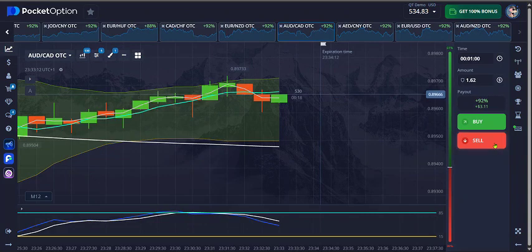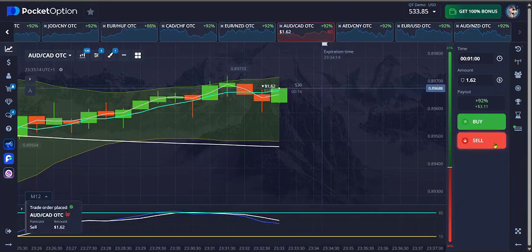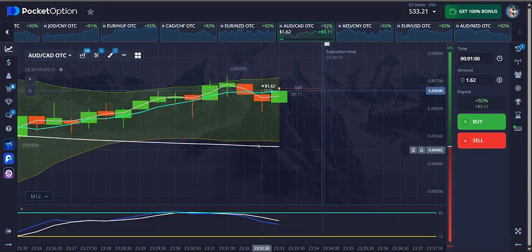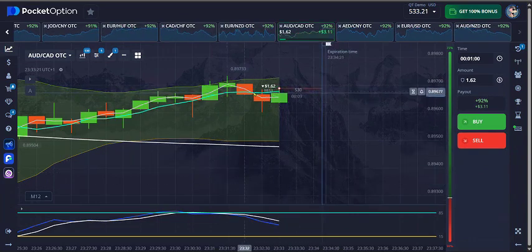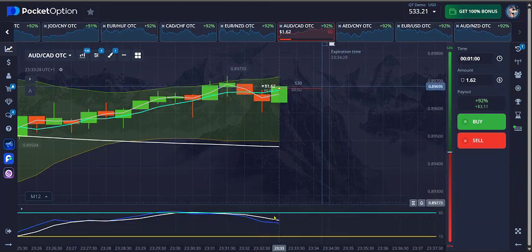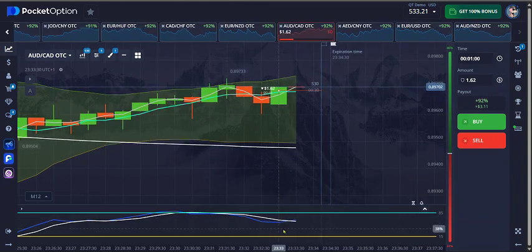All right. So this is a good sell. Let's watch. The reason I'm taking a sell here, it's already crossed. It has already touched a Bollinger Band. It has crossed down, and this is already crossed.